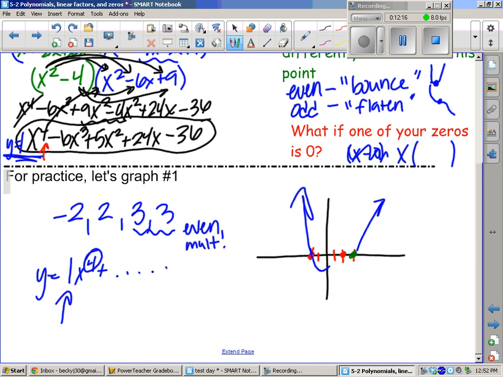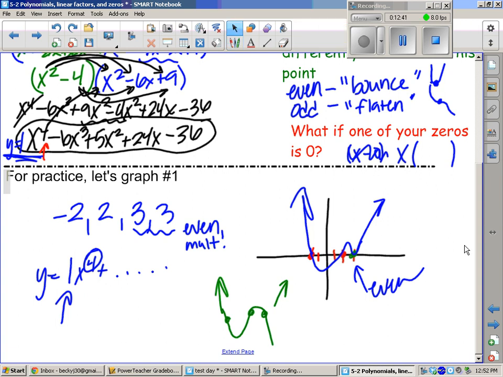So we're going to go through, and then what happens on the green is it just bounces right back up, and that's because of the even multiplicity that happens. So it doesn't go through there, it bounces back up. And if you didn't do that, there would be no way to go through those 3 dots and get your stuff to connect. You'd go through this and end back down. So we need that bounce to make that happen.